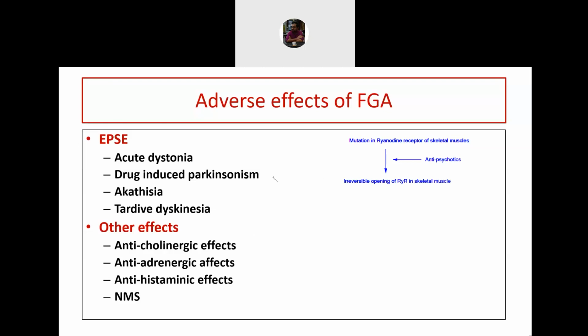And we all know that ryanodine receptor causes release of calcium ion. So this causes release of large amounts of calcium ion in sarcoplasm. This large amount of calcium in the sarcoplasm causes muscle contraction.